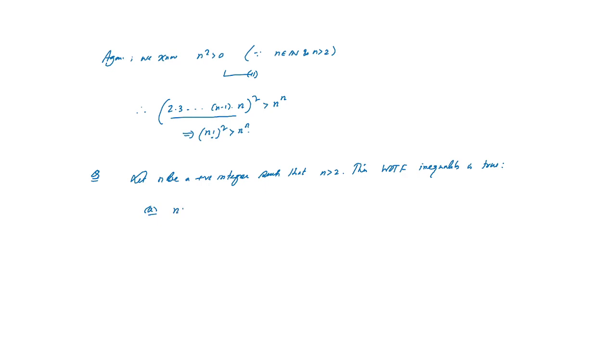Option A, n factorial is greater than n^n. Option B, (n!)^2 is greater than n^n. Option C, (n!)^2 is less than n^n. And option D, (n!)^2 is less than or equal to (n+1)^n. So here option B is correct and all other options are false.